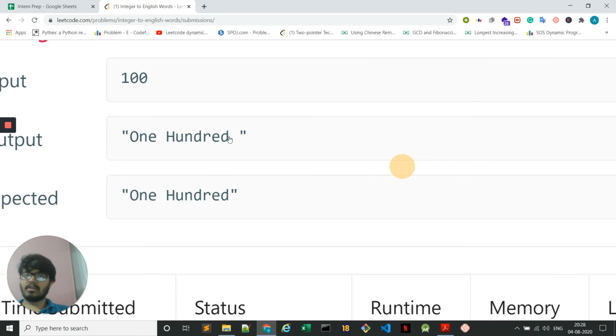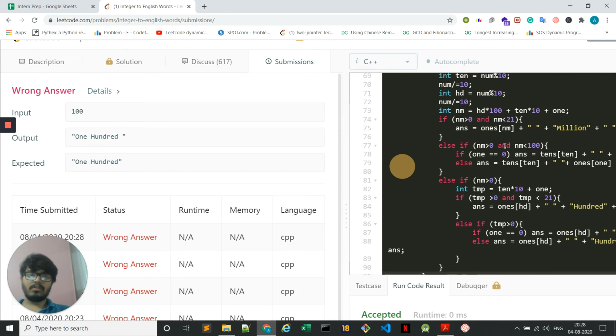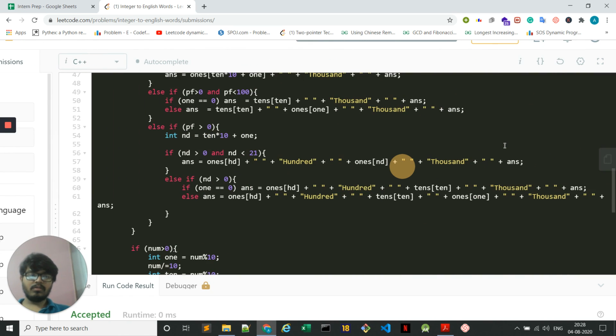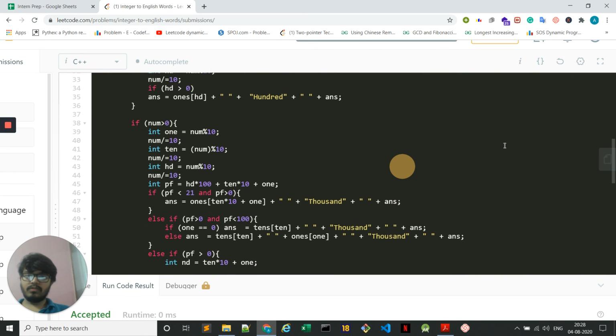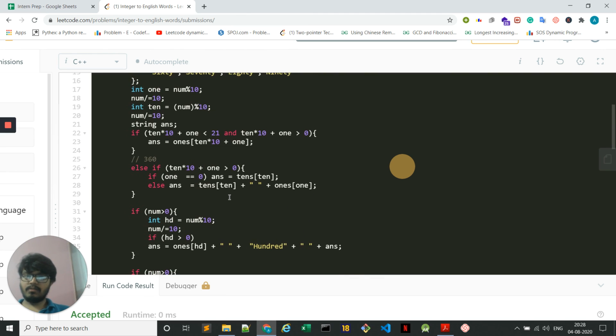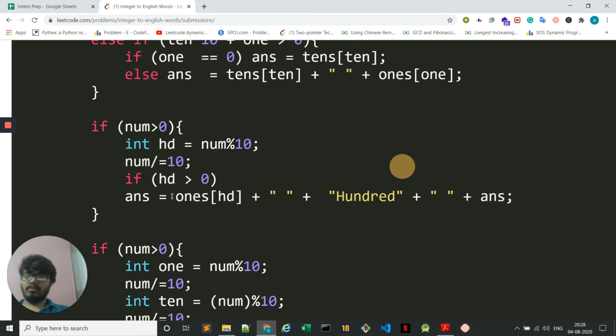Okay, so I again get why it is 100. Yeah, this is the block for 100.